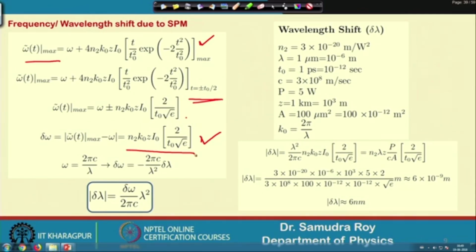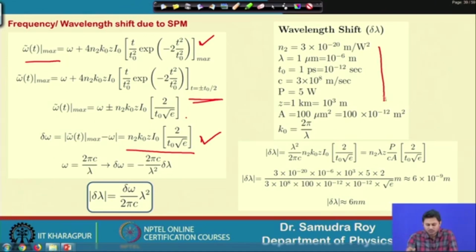Once we have this form, the next question will be asked: what should be the corresponding frequency, corresponding wavelength shift? Because if I launch a particular wavelength lambda, it is going to shift. So, what should be the shift of the wavelength due to this temporal distribution of the intensity, which is Gaussian in form?